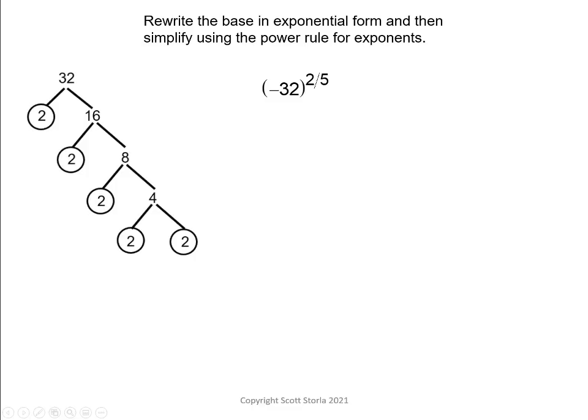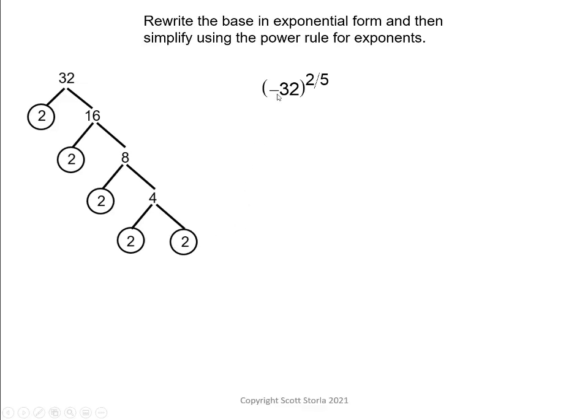See if you can get this one. I'd like to write negative 32 in an exponential form, which has an exponent of 5, because then that 5 will reduce this 5. And if I prime factor 32, I see that it's 5 factors of 2.